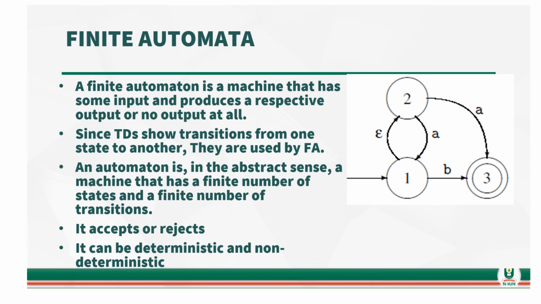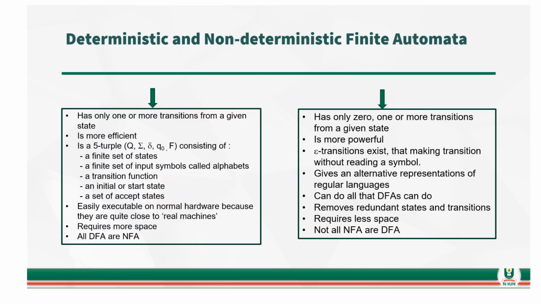We also see that the finite automaton can be deterministic, and it can be non-deterministic. When we are talking about deterministic and non-deterministic finite automaton, we are simply referring to whether there are one or more transitions from a given state.